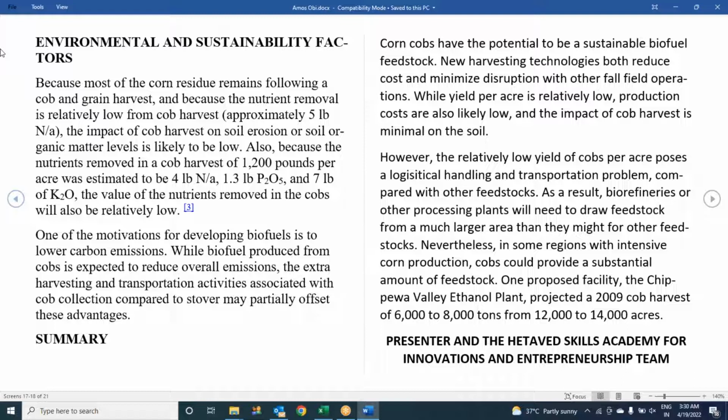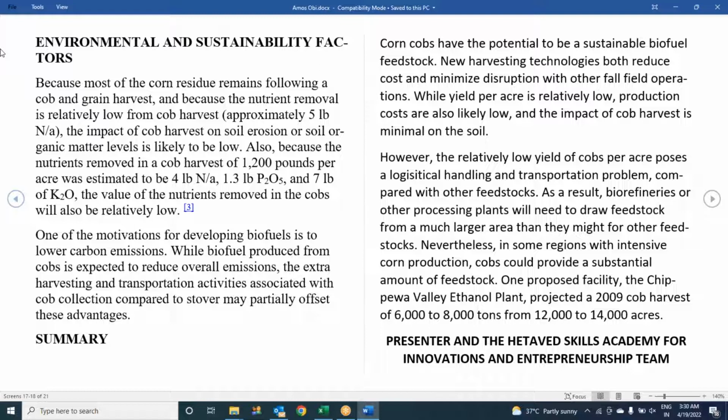As a result, biorefineries and other processing plants will need to draw feedstock from a much larger area than they might for other feedstock. Nevertheless, in some regions with intensive corn production, Concord could provide a substantial amount of feedstock.